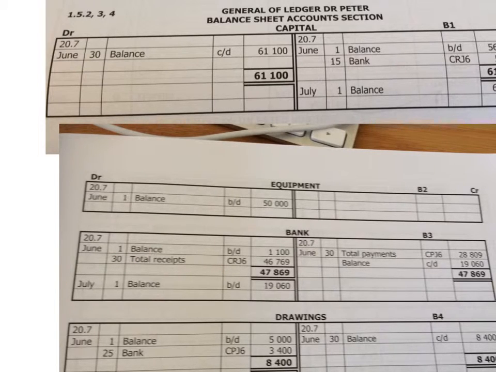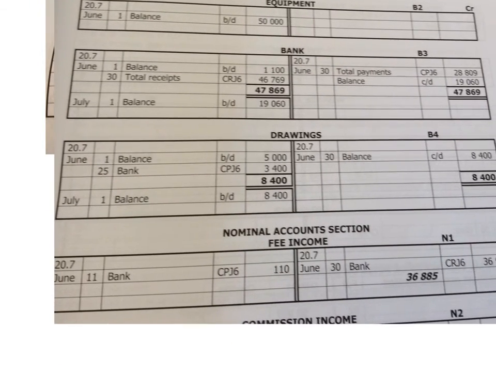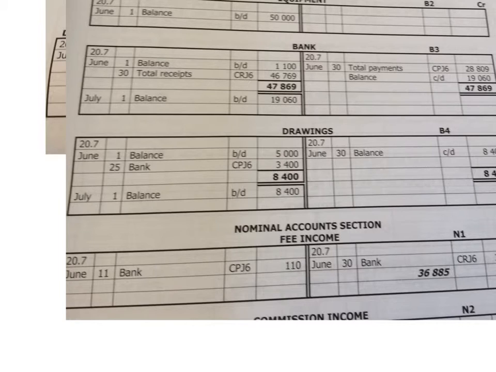Right, I just want to show you one more thing, and that is what you're going to do with a nominal account. When we look at the nominal accounts, those are the N accounts. You see that you had transactions in your CPJ, in your sundry account. You returned something, so you gave it back, and therefore you will put it in your CPJ, because you didn't receive money, you actually refunded the client.